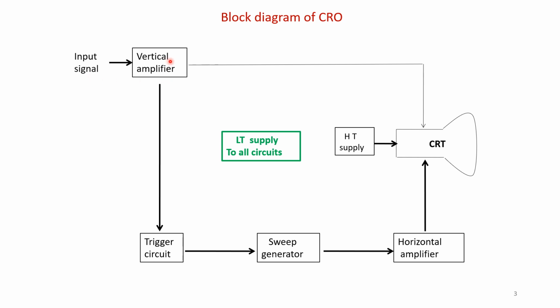A portion of that is directly fed to CRT, and then another is fed to trigger circuit, to sweep generator, to horizontal amplifier, and then to CRT. In particular, this cathode ray tube operates at slightly higher voltage, and therefore we have high tension supply to this, and all other components are connected to low tension supply.